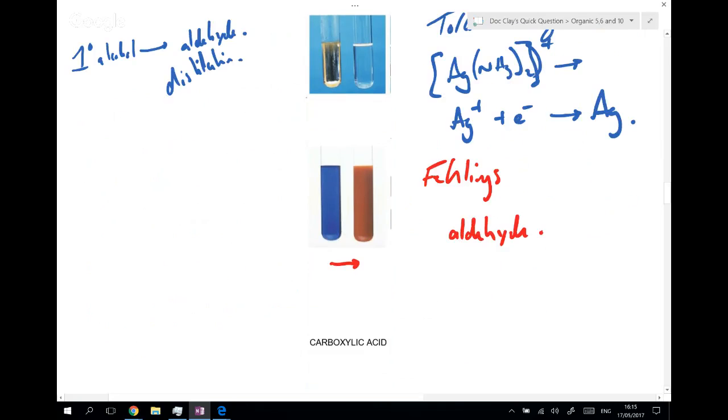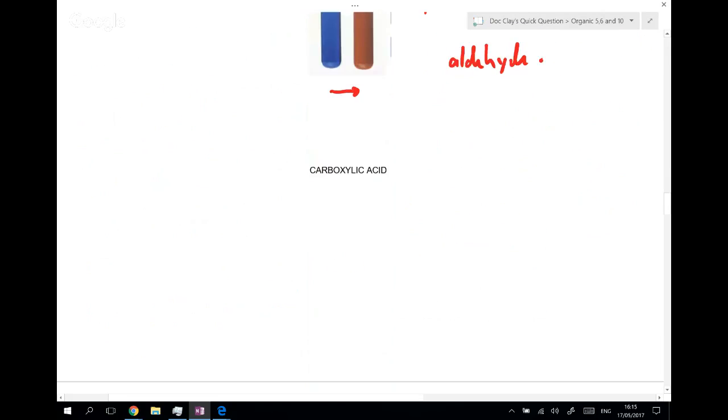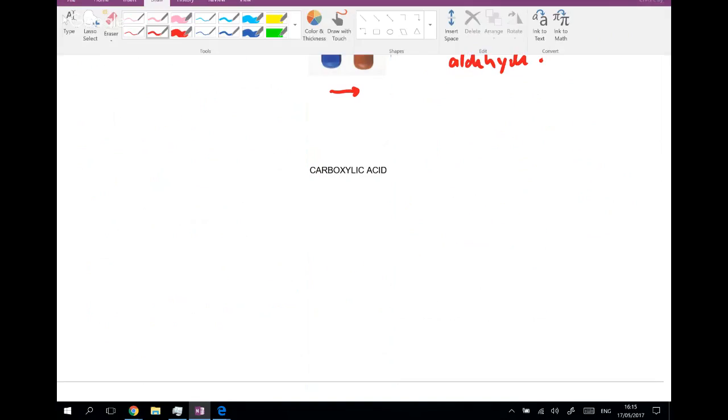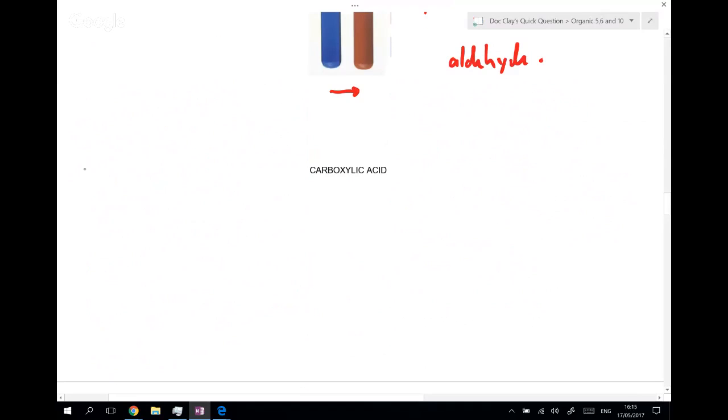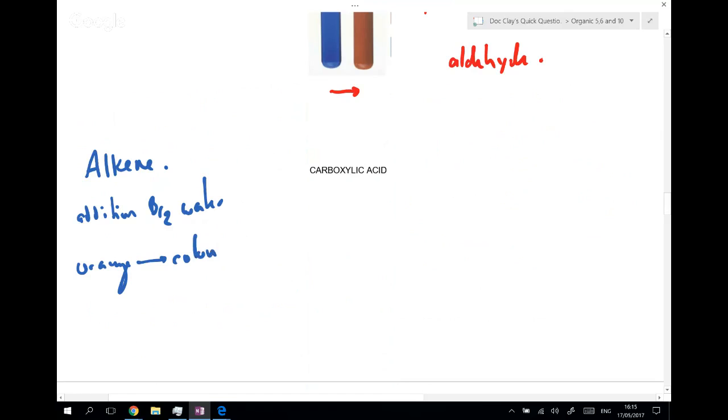Moving on. The one that's not on here, which I've forgotten to add to my notes, is the reaction of an alkene. And this is the addition of bromine water. You see here an orange to colorless reaction in the presence of an alkene.